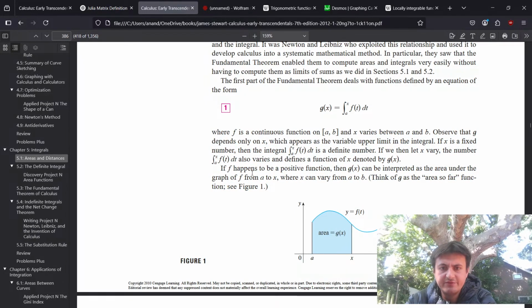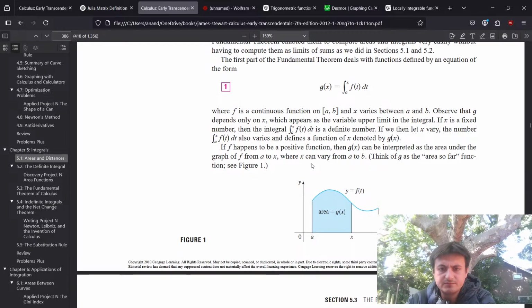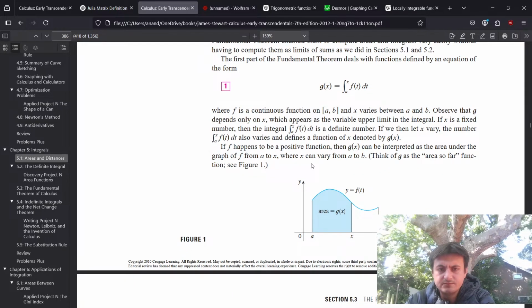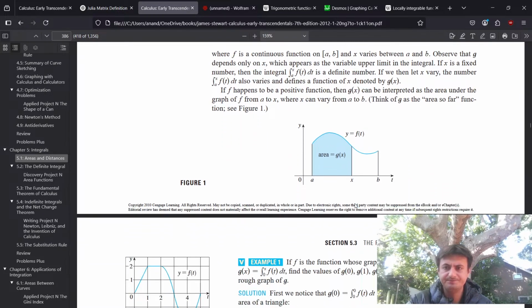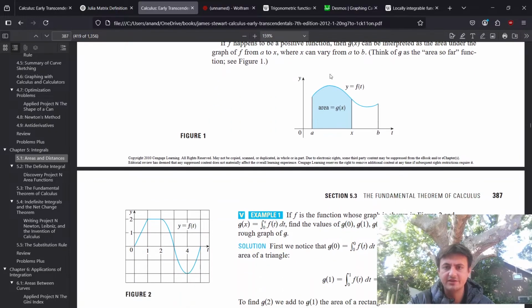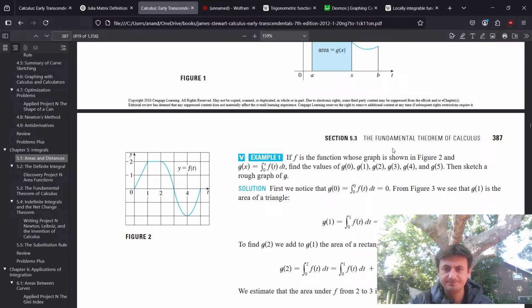If f happens to be a positive function, then g of x can be interpreted as the area under the graph from a to x. The area so far. Yeah, this is the picture that I was imagining, which is good.